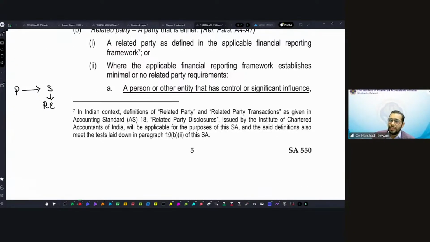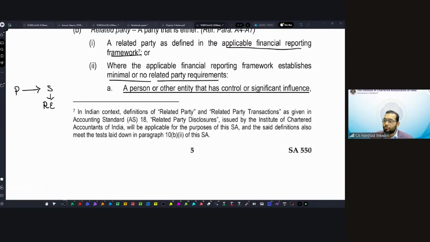So this is the definition of the related party, either as per the applicable financial reporting framework, or, if the framework does not establish any requirement or has minimum requirements, then go by this. Clear? Any doubt?